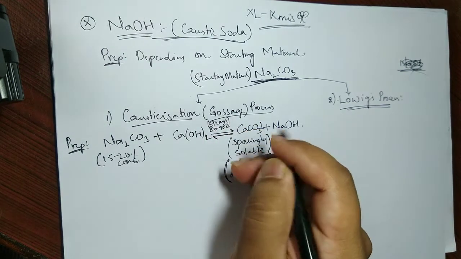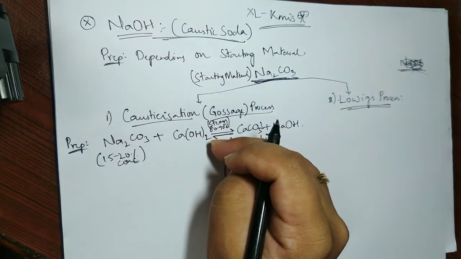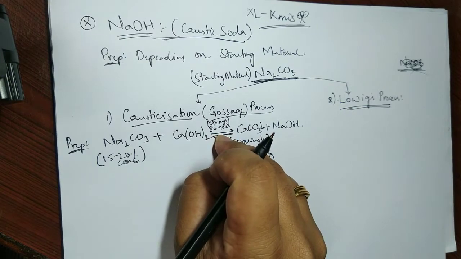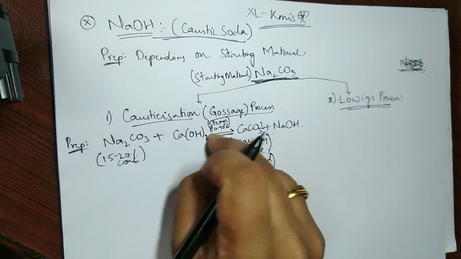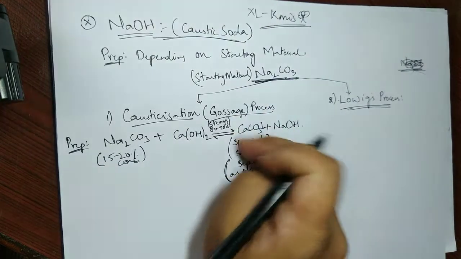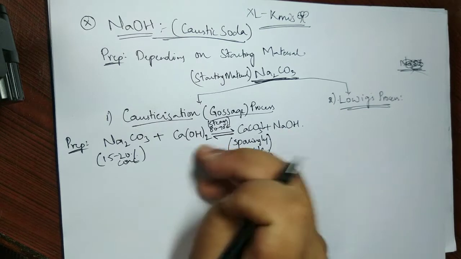Steam is nothing but boiled water, hot water, which helps us maintain the temperature at 80 to 90 degrees Celsius. If this temperature is maintained, then only the reaction goes forward and we get the NaOH. If the temperature is decreased, the reaction could most likely go backward.